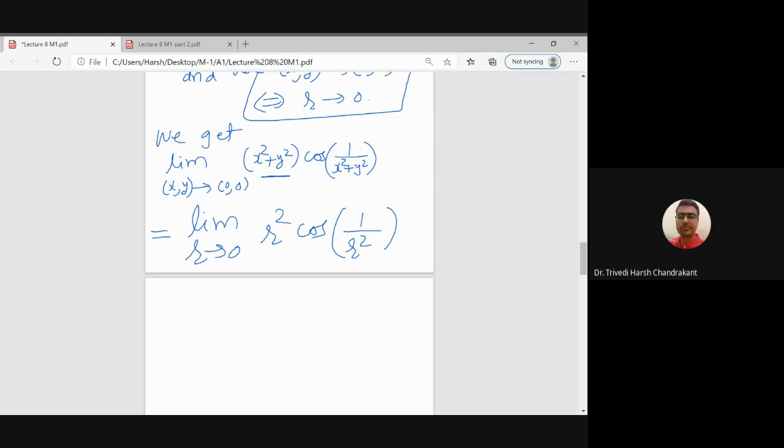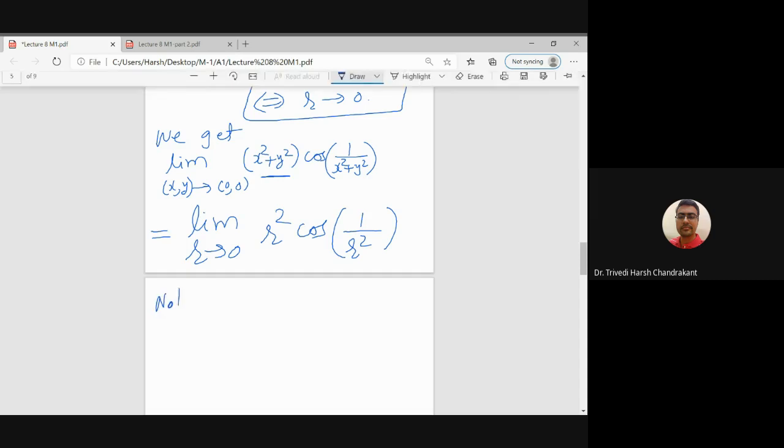So what we essentially use is again that the range of the cosine function is between -1 and 1. So the modulus of r squared cosine of 1 upon r squared is less than or equal to r squared. Note that the modulus is always non-negative. As r approaches 0, r squared approaches 0.